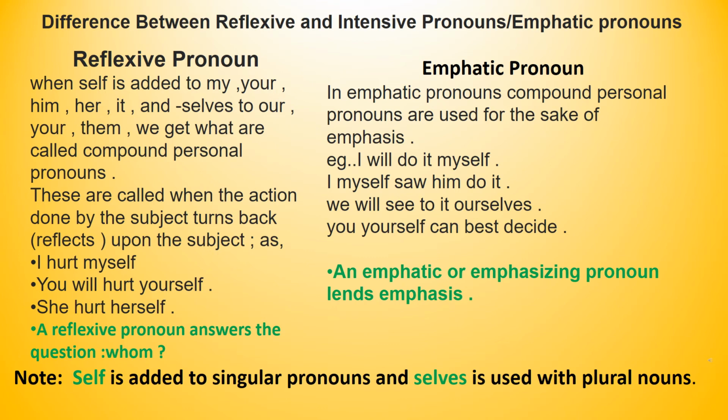For example, I will do it myself. मैं इसे खुद करूंगी. तो emphasis किस बात पे है कि इसे मैं खुद करूंगी. यहाँ पे काम करने वाला और जिस चीज के ऊपर काम हो रहा है वो सेम नहीं है. यहाँ पे हमने myself का यूज सिर्फ emphasis दिलाने के लिए यूज किया है, किसी बात पर जोर डालने के लिए यूज किया है. I myself saw him do it. We will see to it ourselves. You yourself can best decide. So I hope the difference is clear to you.